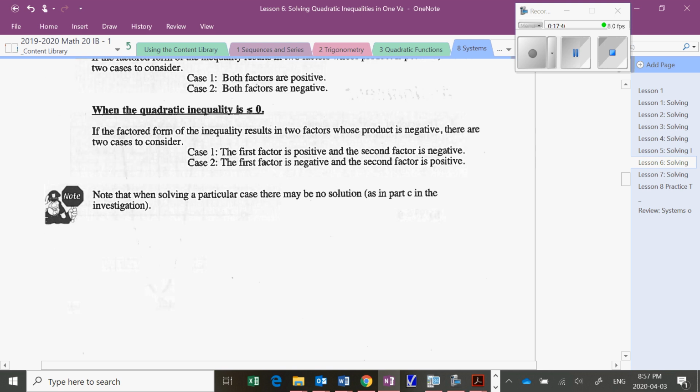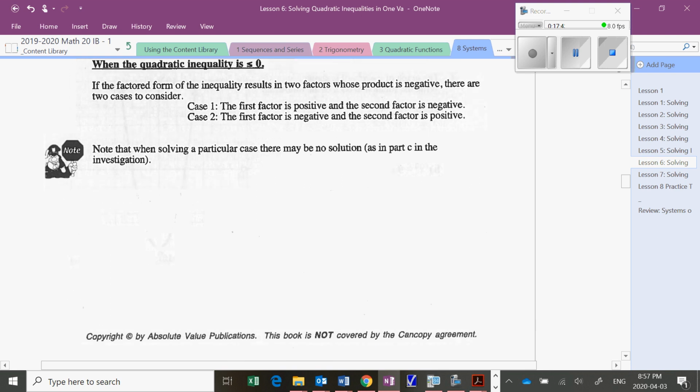Okay, so it is always possible that there could be no solution, and so think about what that might actually look like. Well, maybe we have a quadratic, and this is easier for me to show you graphically.